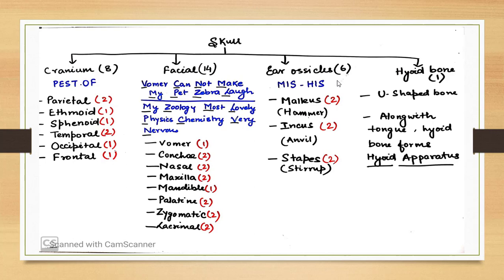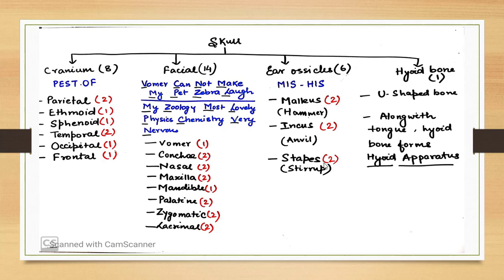Then there are 6 ear ossicles and you can remember it as MISS. M stands for malleus, which is 2 in number, 1 in each ear, and it looks like a hammer. And then there is incus, it is again 2 in number, it looks like an anvil. Anvil is a structure that cobblers, shoemakers use. And then there is stapes.